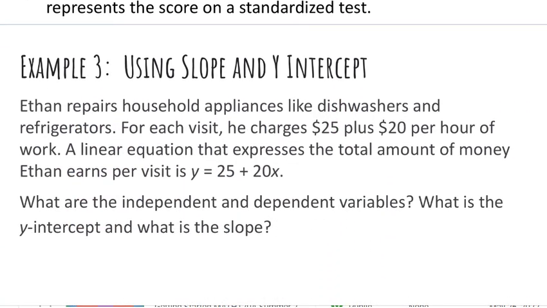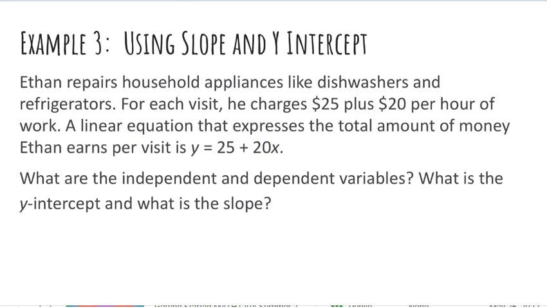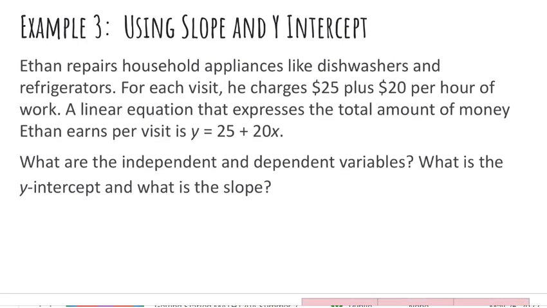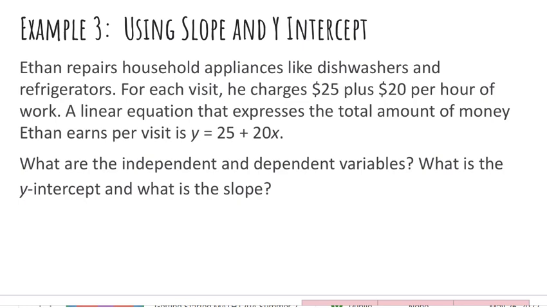So let's look at a couple of these using slope and y-intercept. Ethan repairs household appliances like dishwashers and refrigerators. For each visit, he charges $25 plus $20 per hour of work. A linear equation that represents the total amount of money Ethan earns per visit is 25 plus 20x. What are the independent and dependent variables, and what is the y-intercept and the slope? So the independent variable, I'm going to write I for independent, is usually your x.